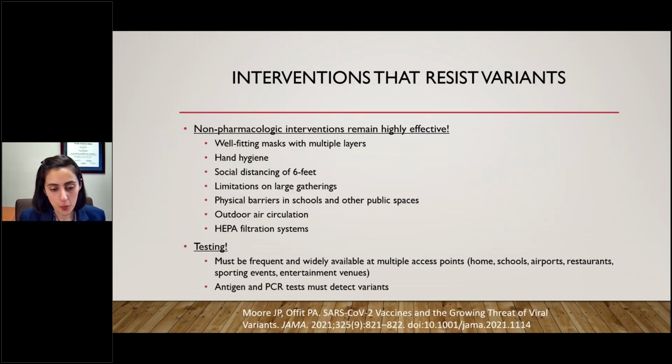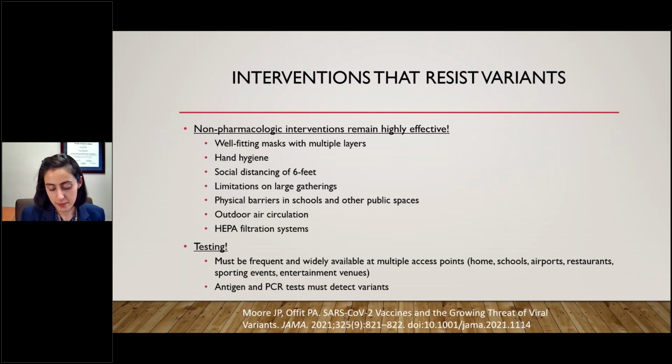Okay. One thing we can't ignore, we can't deny, is the contribution of non-pharmacologic interventions. These are the things that we know are extremely effective. They're probably as effective as vaccination in preventing illness if we adhere to them in an extremely strict way.